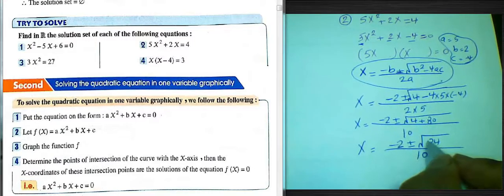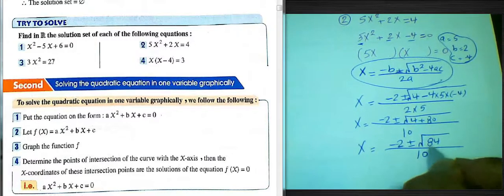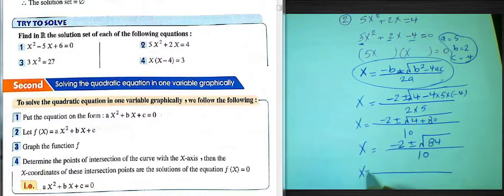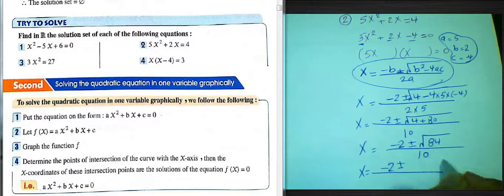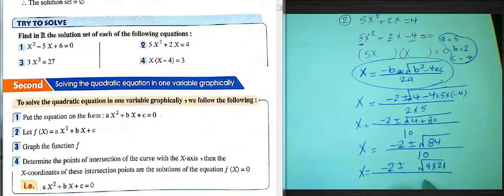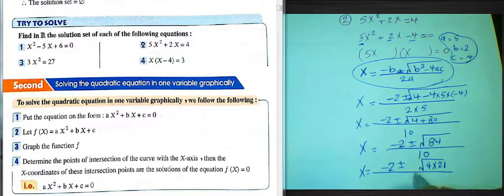We can find the real result by simplifying it. We can write 84 as 4 times 21, over 10.